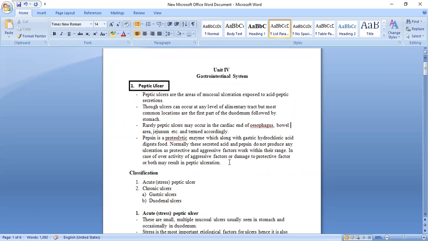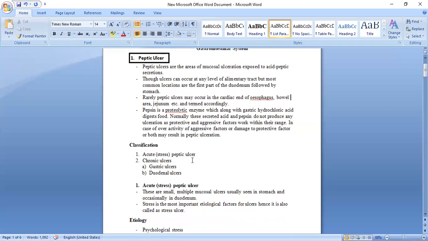Or sometimes the protective factor is damaged. Either the aggressive factors are more, or the protective layer is damaged, or both, which sometimes results in peptic ulcer. This is all about the summary of this peptic ulcer, why it occurs.